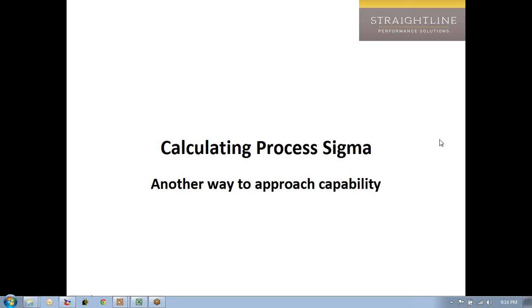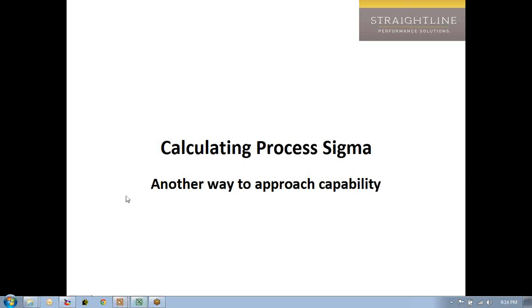Process sigma, now that we understand what capability is and that baselining always has those two parts: evaluating stability and evaluating capability. Stability is the voice of the process, capability is the voice of the customer.